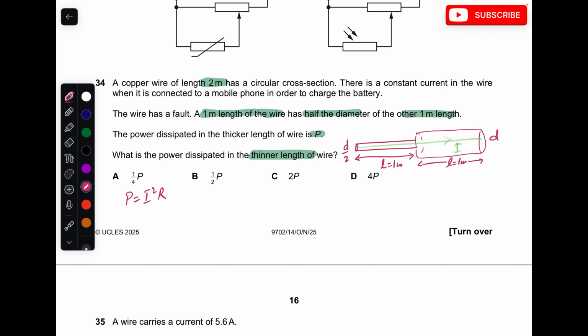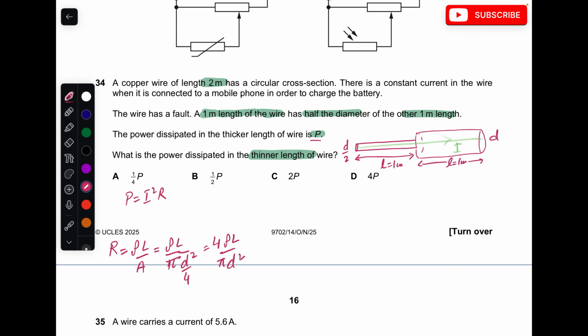We need the power dissipation in the thicker wire, which has diameter D. The current is the same, so we have to deal with the resistance. We know resistance R equals rho L over A. The material is the same and the length is the same, so we are concerned with the area. We know area is pi d squared divided by 4, so it can be written as 4 rho L over pi d squared.